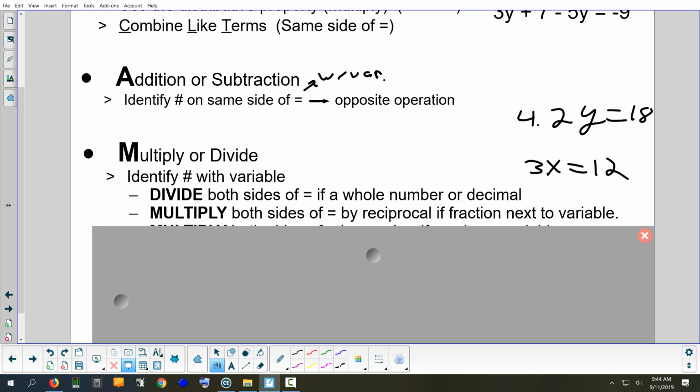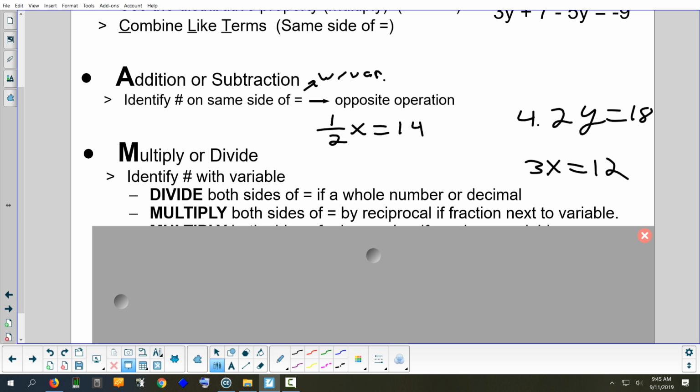Now, multiply can happen in two cases. If you have a fraction next to the variable, you're going to use the reciprocal. That would be something like 1/2 x equals 14.